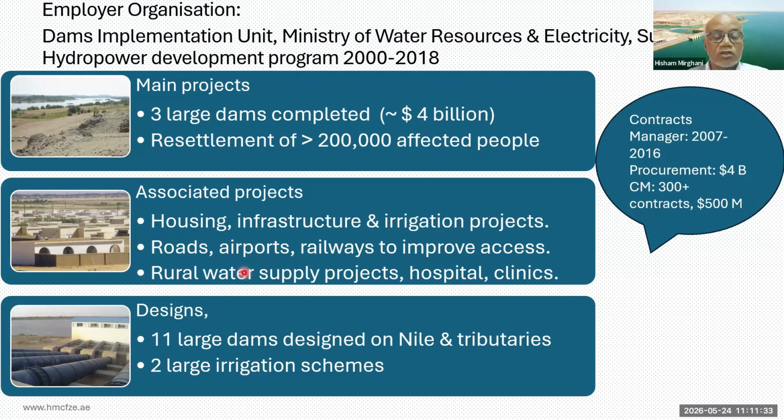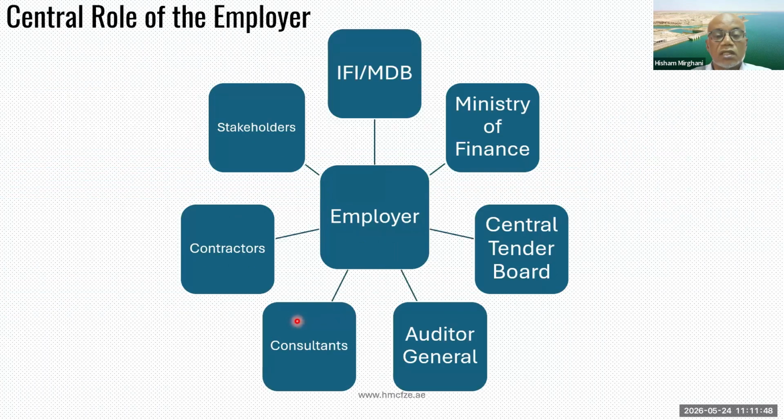In addition, also as part of the program, all the hydropower potential on the Nile and its tributaries was studied. And as a result, 11 large dams were identified and fully designed in detail, as well as 2 large associated irrigation schemes. Now, the employer really right throughout the project implementation deals with a large number of parties.